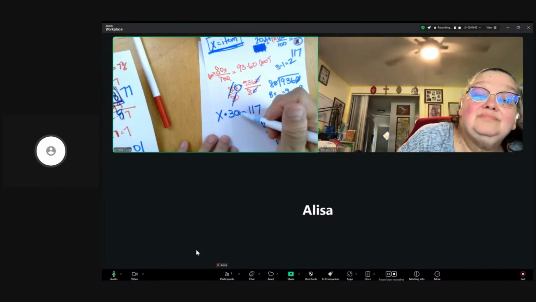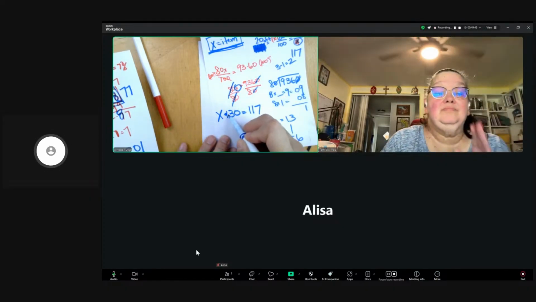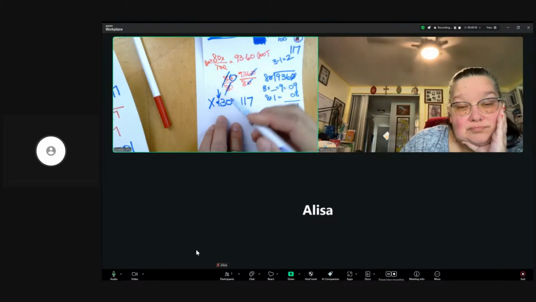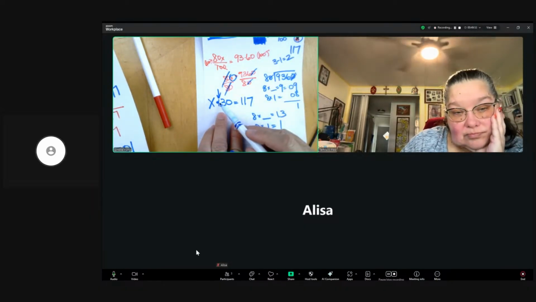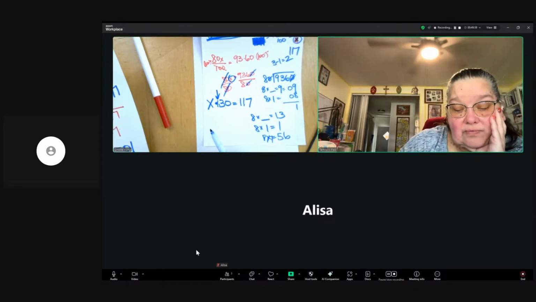That's 30%. So this right here is actually 1.30. Because remember, this is the whole number of this will equal to that. And then what do we do? We divide it.